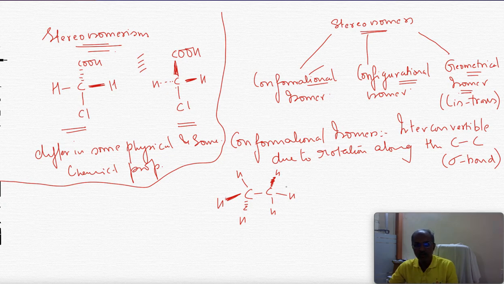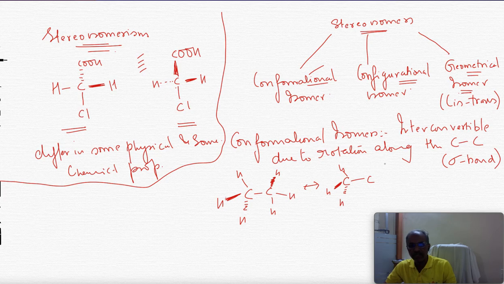Now if I say that there is a rotation along the C-C single bond, suppose this part remains the same. I will hold this part and the other part I will rotate, right?